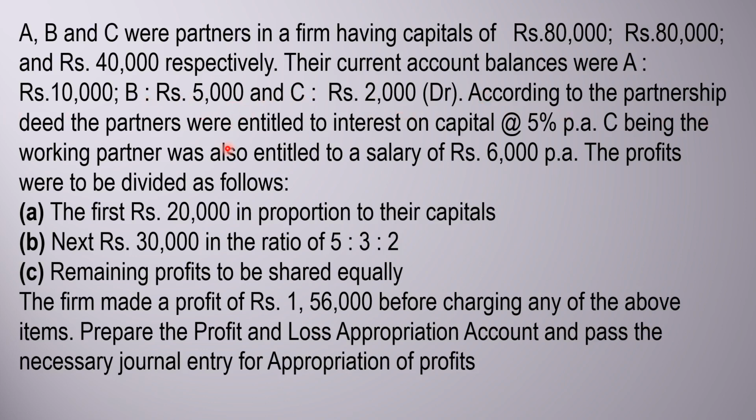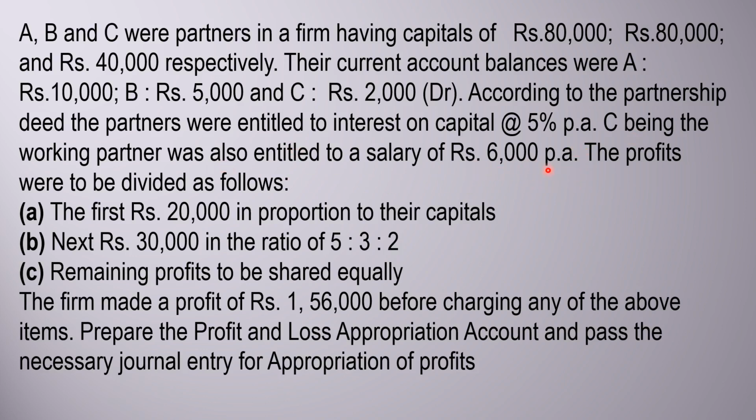According to the partnership deed, partners were entitled to interest on capital at the rate of 5% per annum. So you have to calculate interest on 80,000, 80,000, and 40,000. At 5%, that is 4,000, 4,000, and 2,000. So total interest on capital is 10,000. C, being a working partner, was also entitled to a salary of rupees 6,000 per annum.